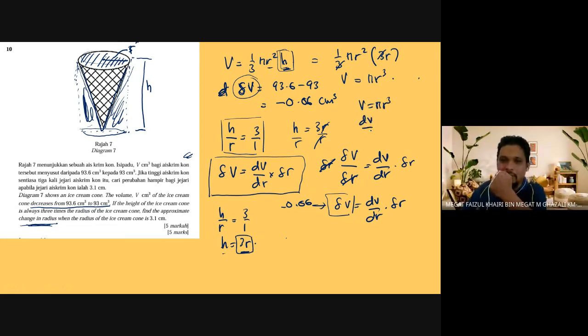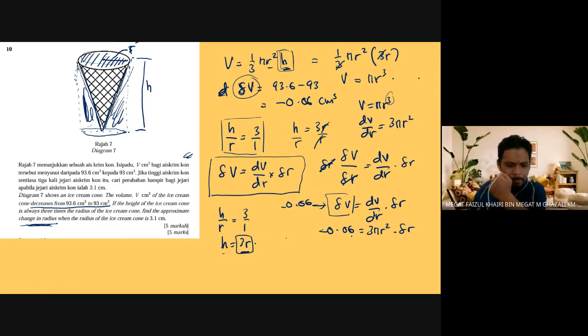So then dV, this is negative 0.06, equal to dV/dr, 3 pi r squared, times delta r.